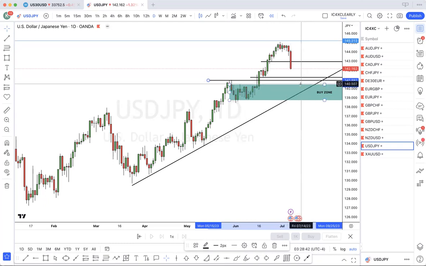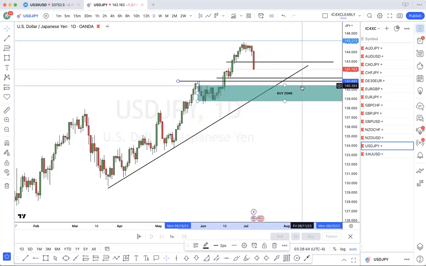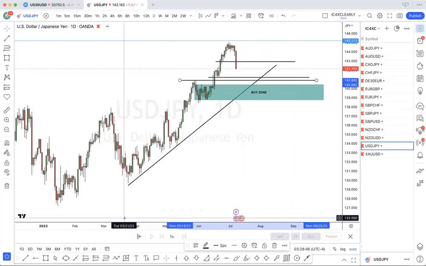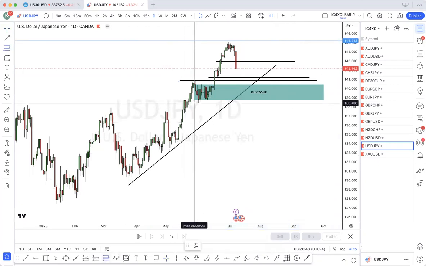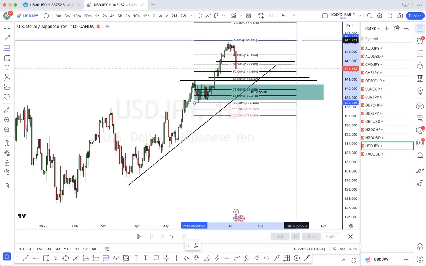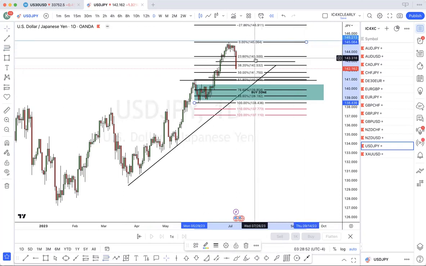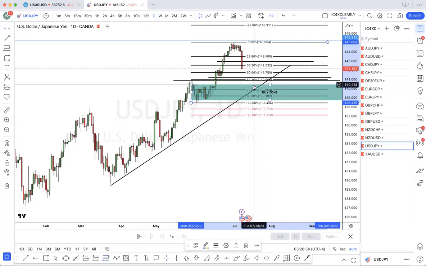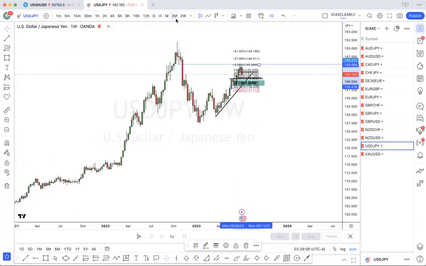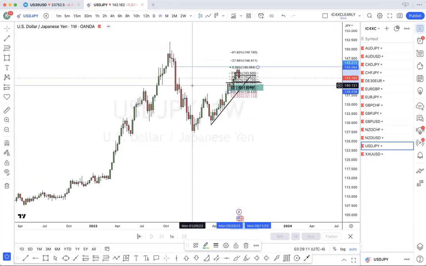So price could push back down to here. If we fib the move, this swing low to this high, price could pull back to almost the 78, the 618.78, and possibly continue, do a continuation.